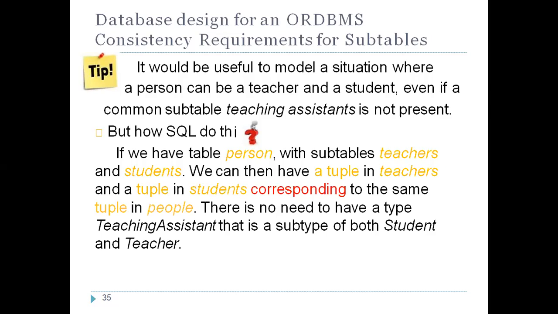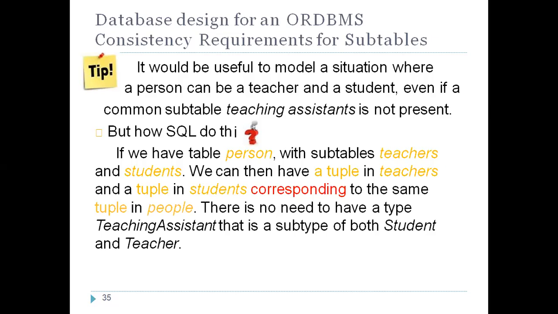So there is no need to have a type of teaching assistant that is a subtype of both student and teacher. So a person table is present here, and there are two subtables, the teacher and the student. So a tuple can be present in teacher and also a tuple in student corresponding to the same tuple in people.